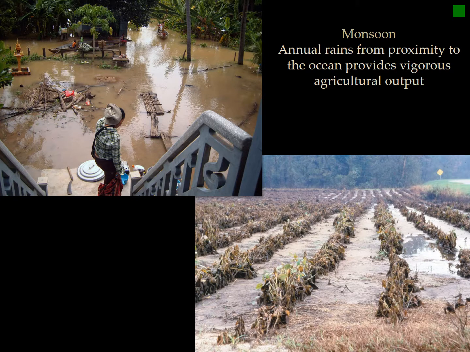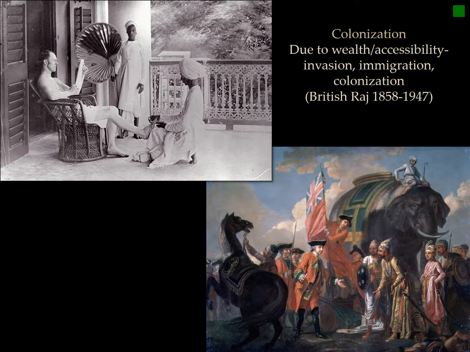Annually, rains or monsoons flood the various areas here in South and Southeast Asia, providing a great deal of agricultural output from their proximity to the ocean. Therefore, you can sustain a very large population with the amount of food one can grow in this very wet climate.